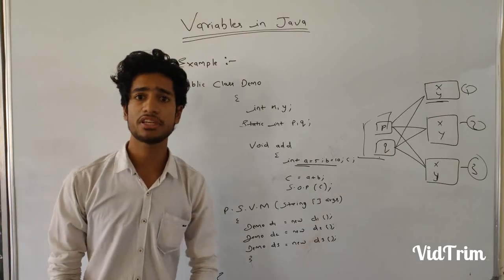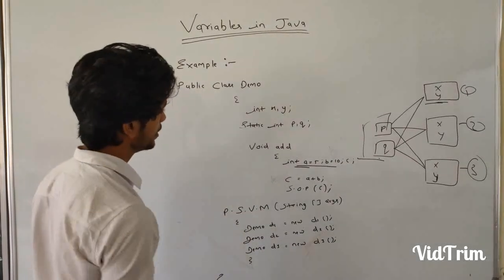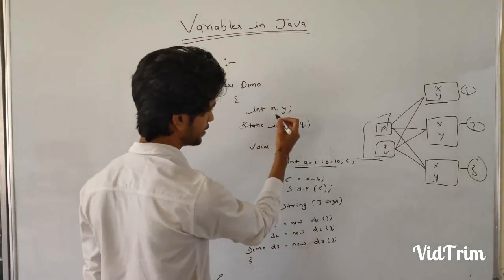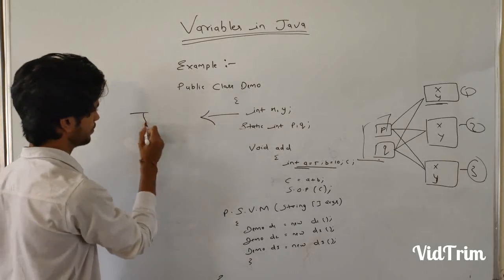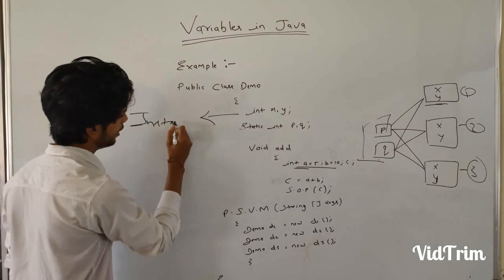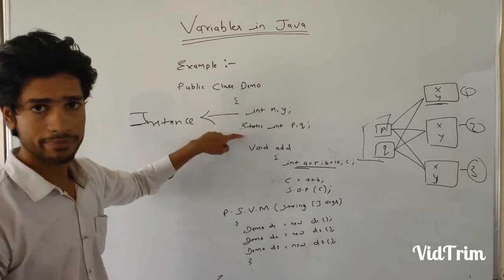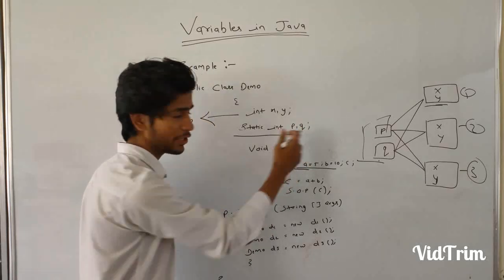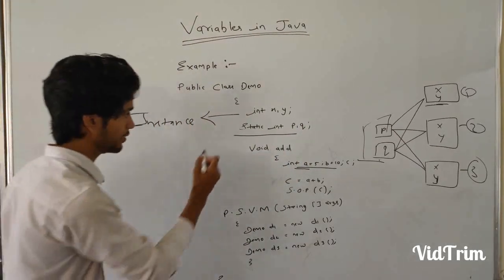Let us take an example to understand variables in Java. We create a class, public class demo, in which we take two variables, int x and y. They are called instance variables because they are declared without the static keyword. Now we take two variables, static int p and q. They are called static variables because they are declared with the static keyword.